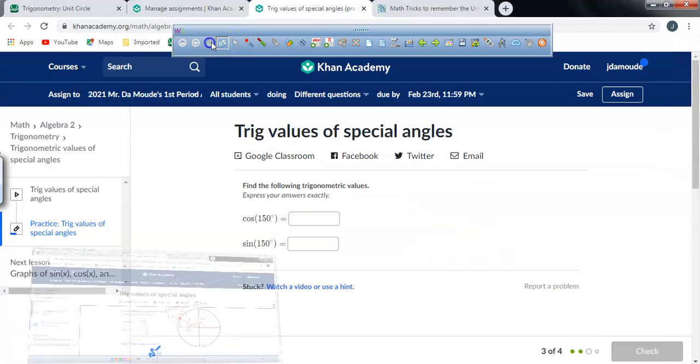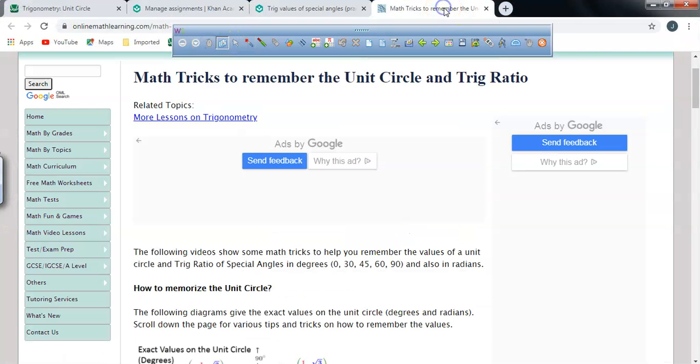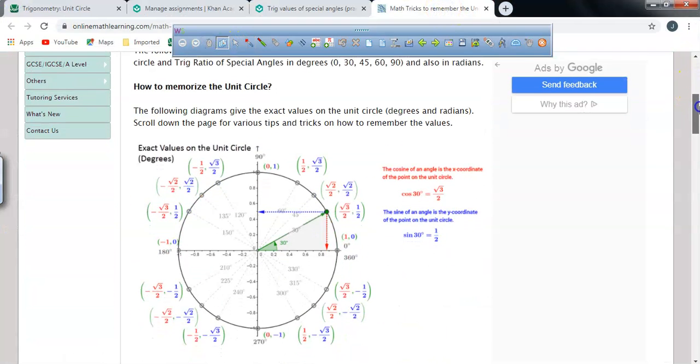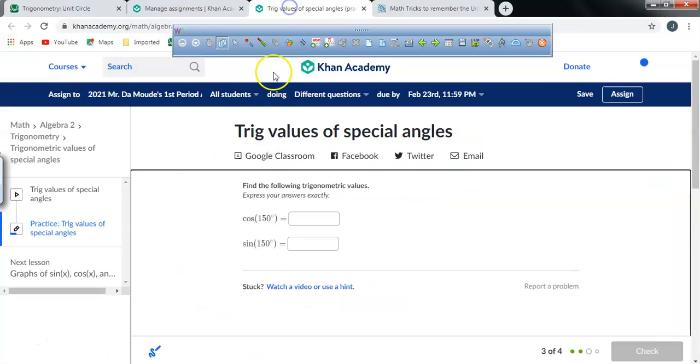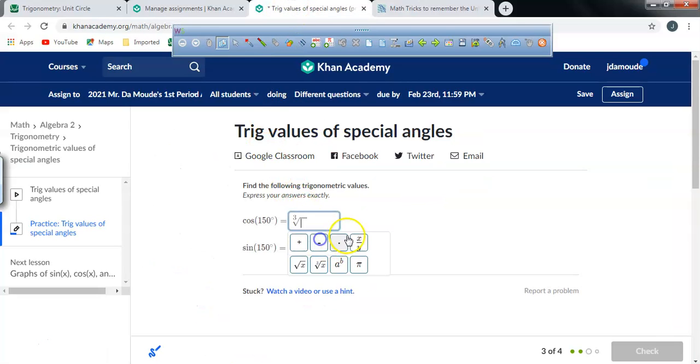But if you actually have in your journal your unit circle that I asked you to draw, look at that. Right here. 150. Negative radical 3 over 2, 1 over 2. Those are the exact answers. So if you have this in your journal, it makes it a lot easier to convert. So right now, all I'm going to do for the cosine, I'm going to type in a negative.